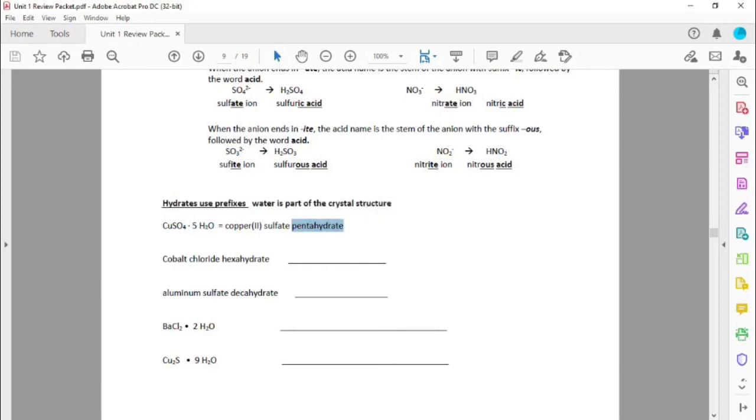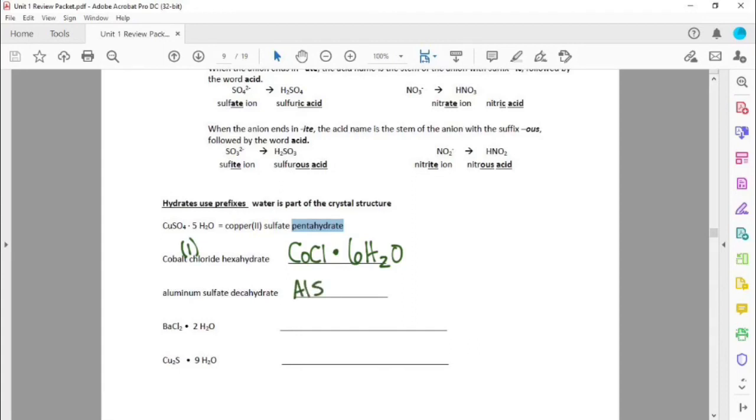So cobalt chloride, and that really should be something like cobalt 1 chloride perhaps, giving us a Roman numeral because cobalt is a transition metal. So we're going to write that formula, and then it says hexahydrate, so we're going to put a little dot to separate it. Hexa means 6, hydrate means water. So that is cobalt 1 chloride hexahydrate.